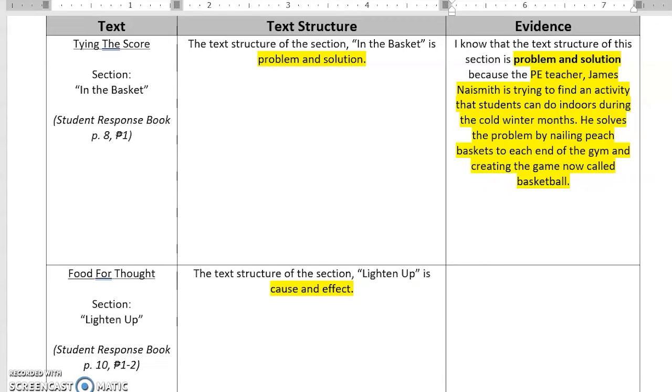I am going to use that language frame we used yesterday, saying, I know that the text structure of this section is cause and effect because, now I have to include my own thinking. Well, I know that school lunches have changed and now they're healthier, and so what was the cause of that happening?